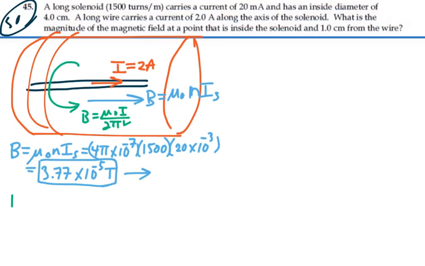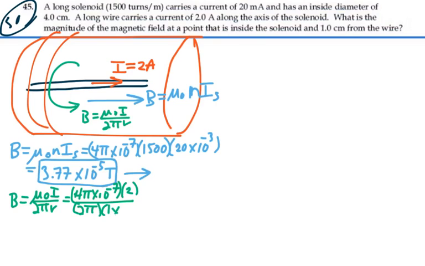Well, the magnetic field of the wire is going to be mu naught current of the wire over 2 pi r, 4 pi times 10 to the minus 7 for mu naught. The current in the wire is 2 amps, and we have 2 pi, and we're going to evaluate it 1 centimeter away from the wire, from the axis of the solenoid.